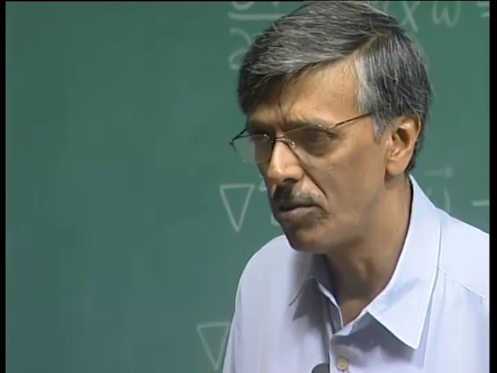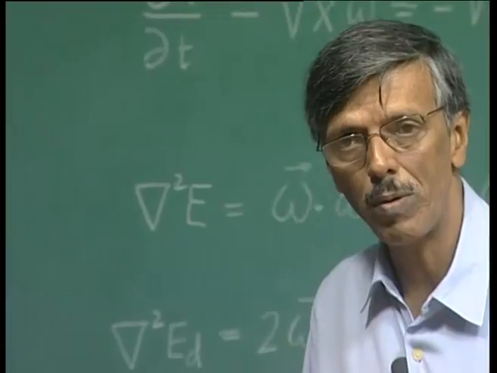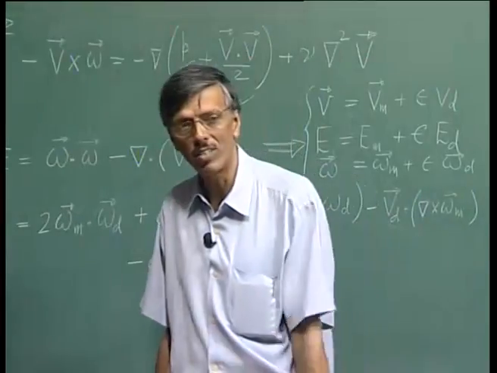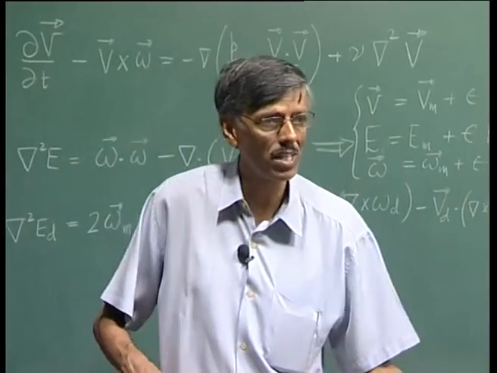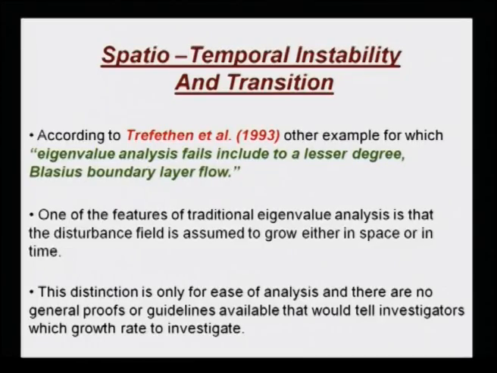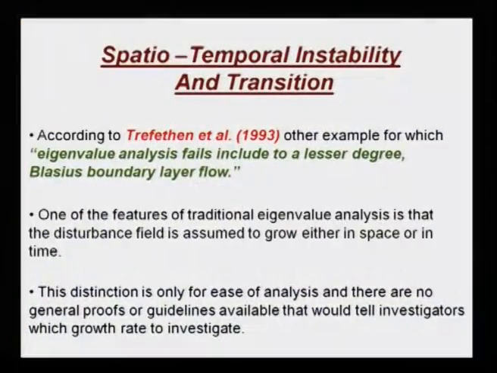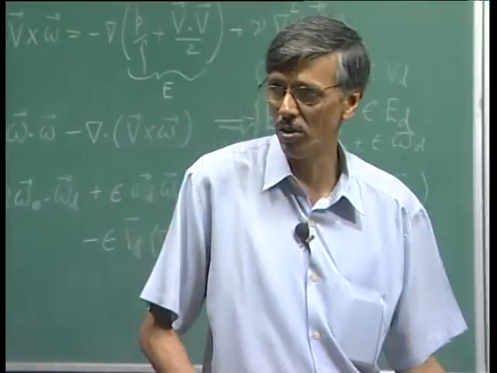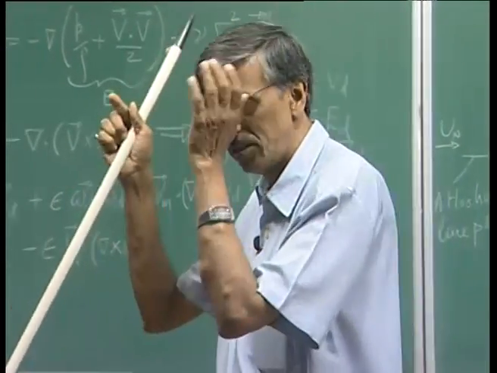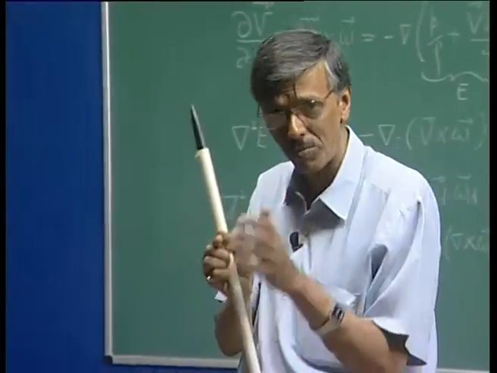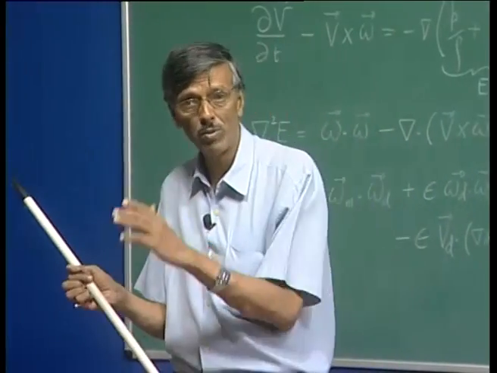Please note that we have been talking about the Orr-Sommerfeld equation solution and its ability to explain the instability in external flow, which was validated by the Schubauer and Skramstad experiment. But according to Trefethen and his colleagues, even this eigenvalue analysis is not always successful. Provided we do very tailor-made theoretical calculations and the corresponding experiment, like in the Schubauer-Skramstad experiment, we can show one-to-one correspondence.